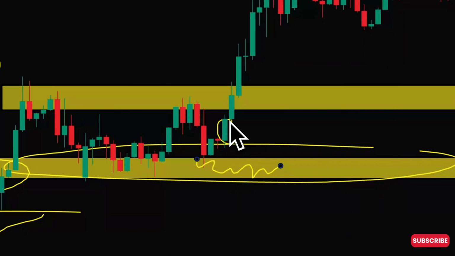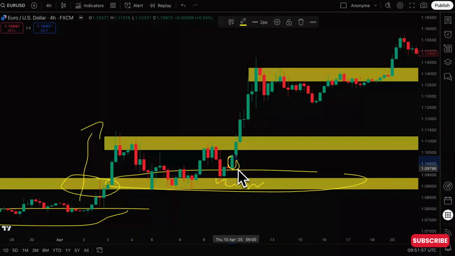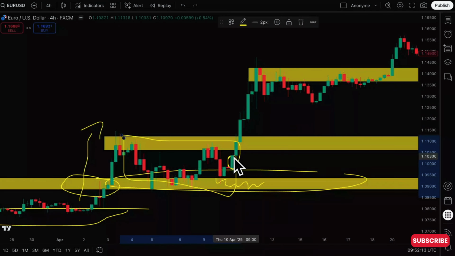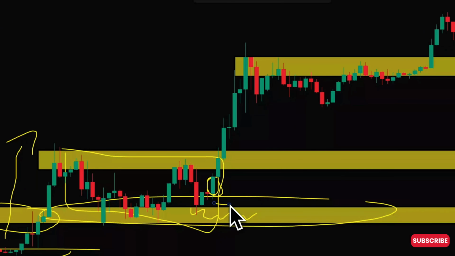And finally, you have a somewhat impulsive candle here. This candlestick simply tells us that the support has been preserved, that buyers are present, and that we're heading back toward the top of the mini range that is formed here. And so, we can set an entry price at the close of the 4-hour candle, place a stop loss below the 4-hour candle here, and let the market do its thing.